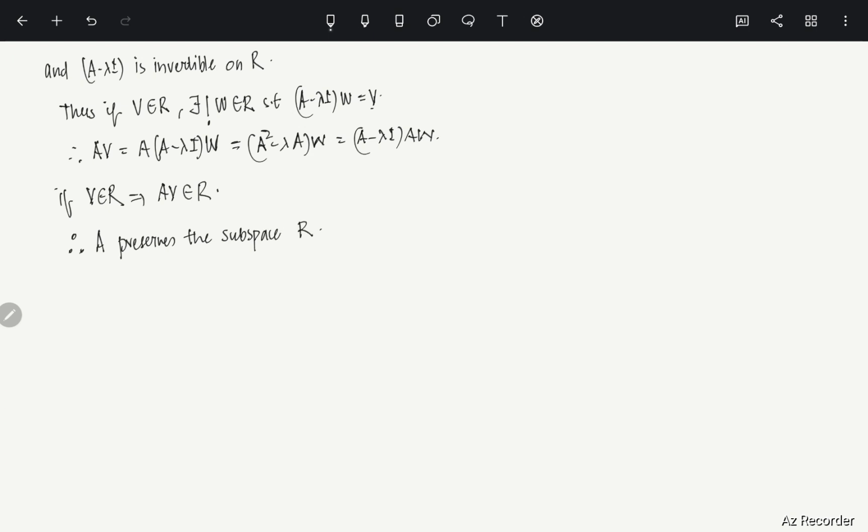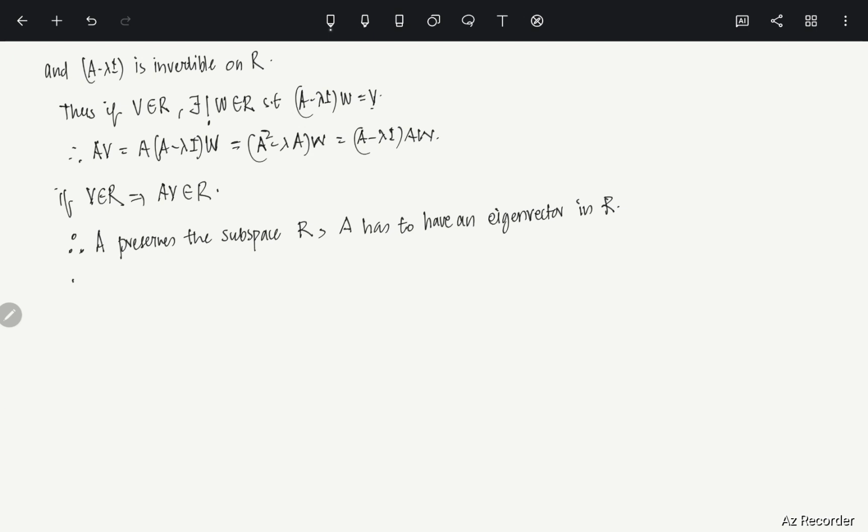Okay? Right. Now, A preserves the subspace R, so definitely A has to have an eigenvector in R, right? So, therefore, that will imply that A has to have an eigenvector in R. Clear?